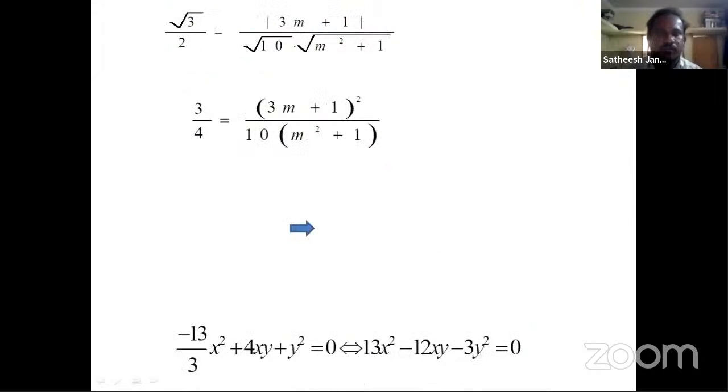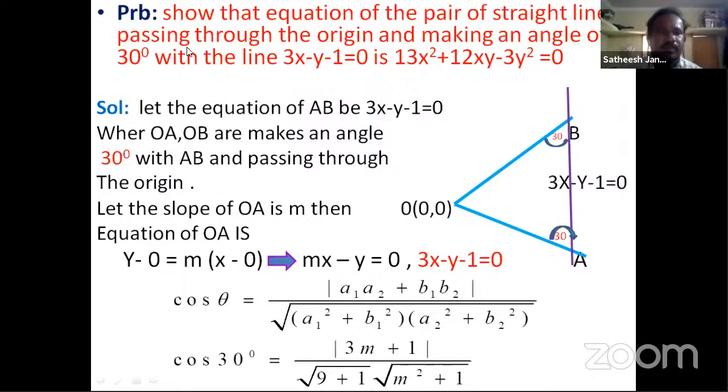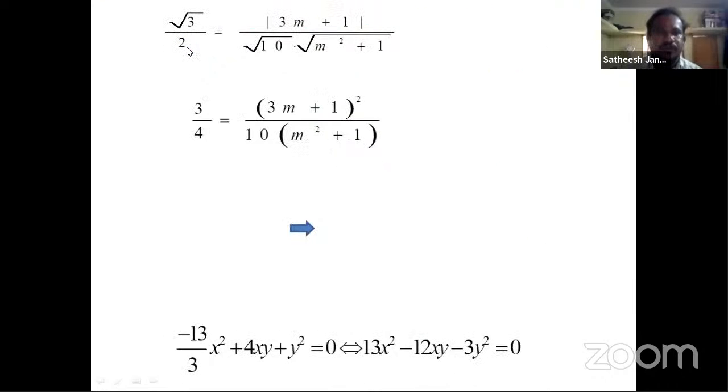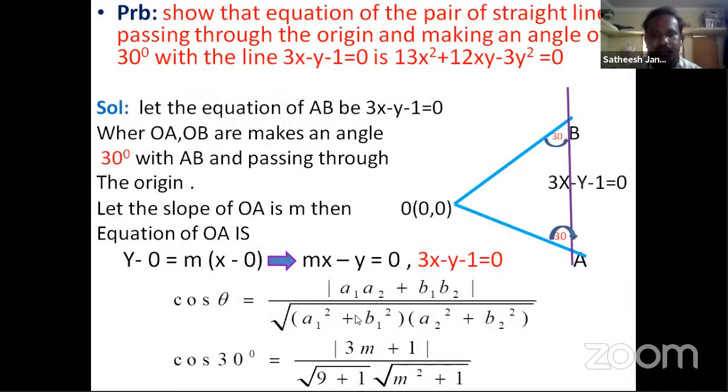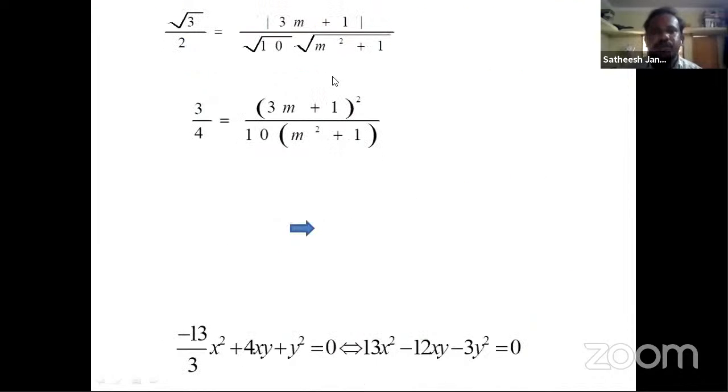So that is cos 30. What is the value of cos 30? Cos 30 is root 3 by 2. That equals (3m + 1) divided by root 10 times the square root of m² + 1.